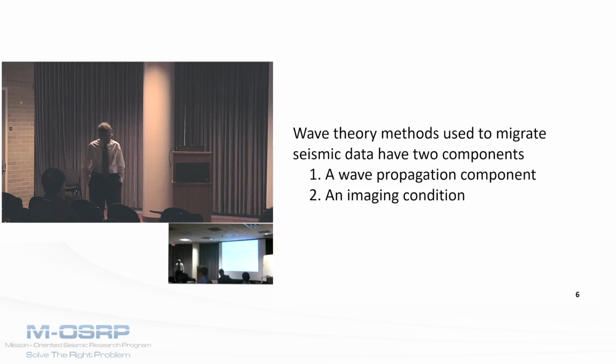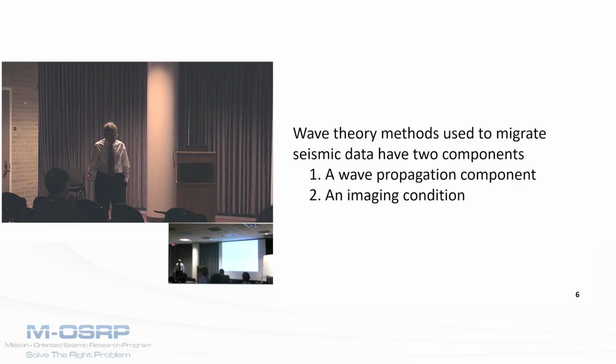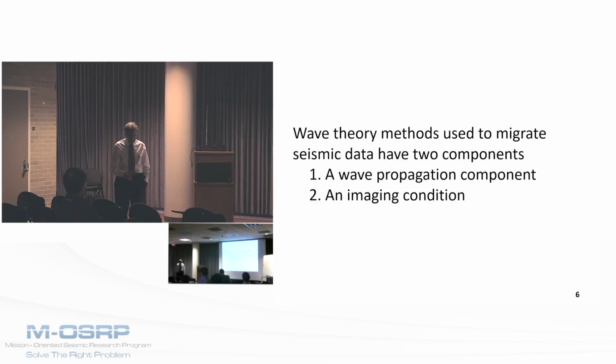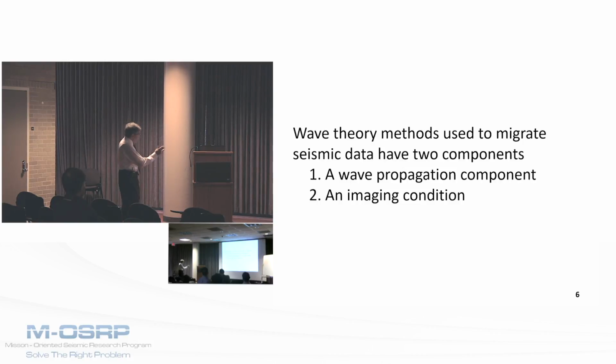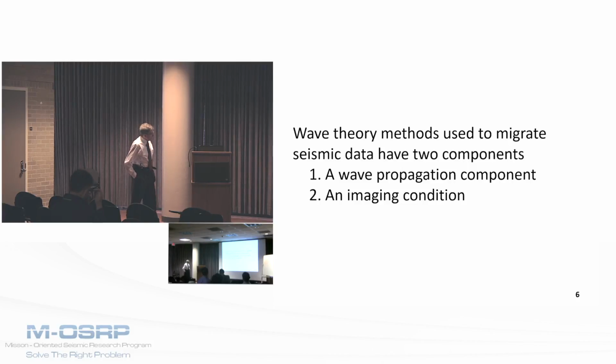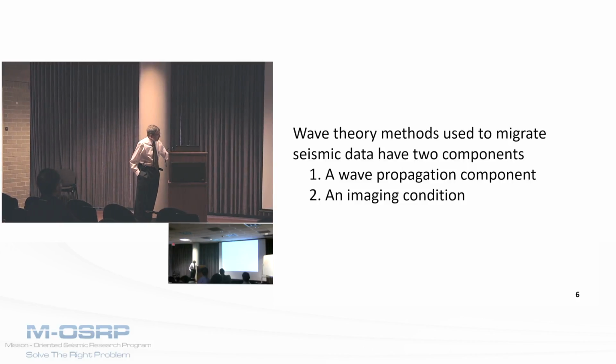In February 1978, Geophysics published two landmark papers in one issue: Stolt migration and Schneider integral formulation. Amazing period of productivity. So in each of these, there is an imaging condition and there's a wave propagation component.